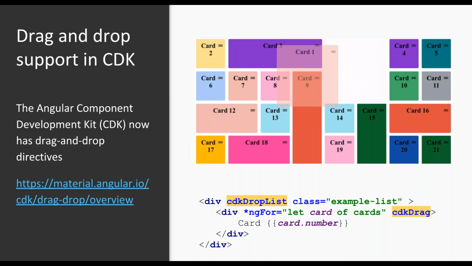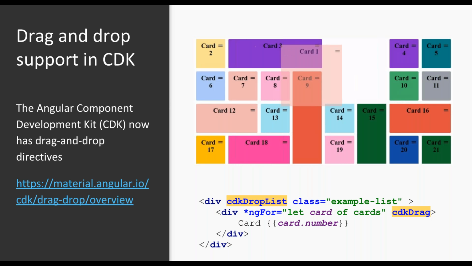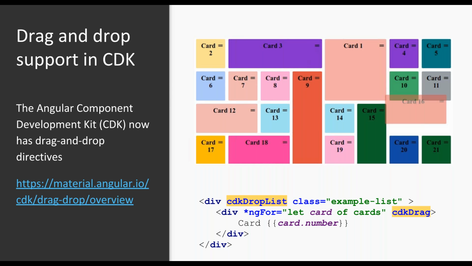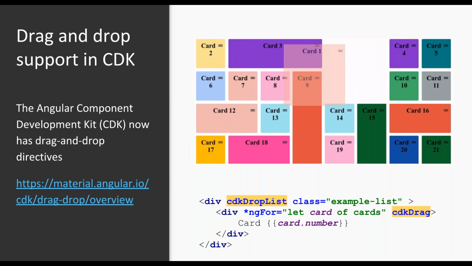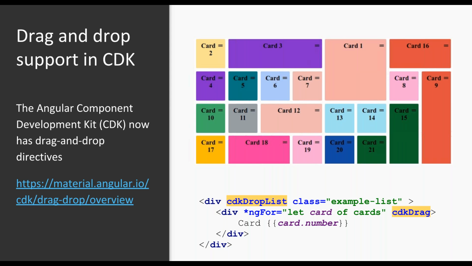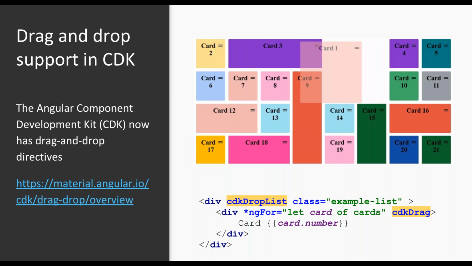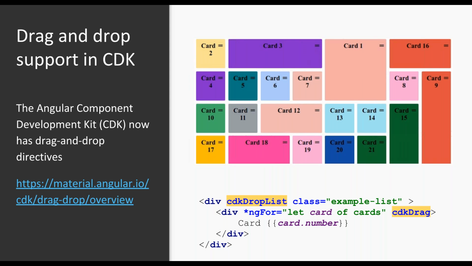So if you're not familiar with Angular Material, it is a user interface, a UI library for Angular, and it is developed by Google as well, but it's a different team than the team working on the Angular framework. And Angular Material builds a lot of components for the Angular framework. So if you want to use, let's say, a date picker or tabs or any of the most common user interface components, they do have that in Angular Material.